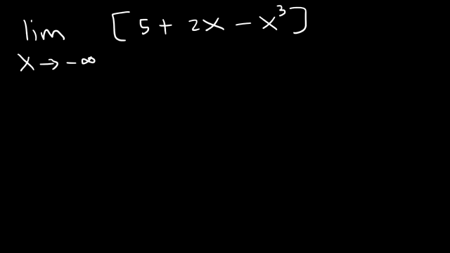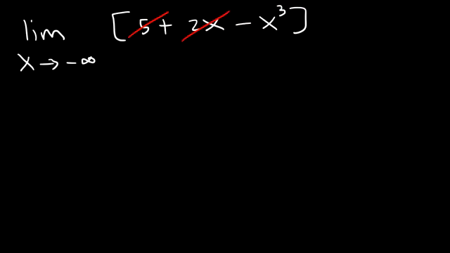What is the limit as x approaches negative infinity of this expression, 5 plus 2x minus x cubed? Now if you're given a polynomial function, you could ignore the insignificant terms. 5 and 2x are insignificant compared to negative x cubed.